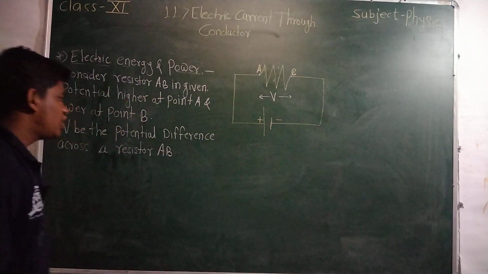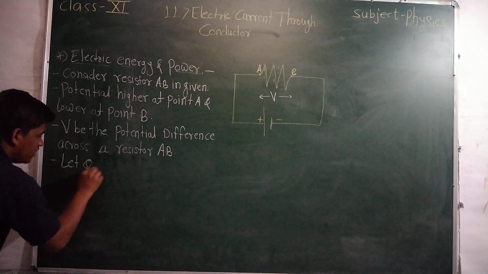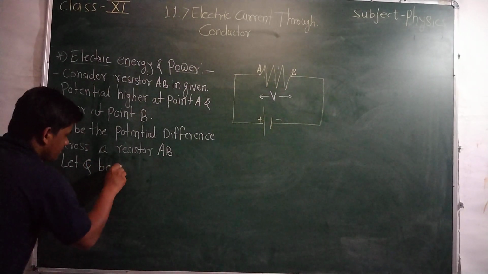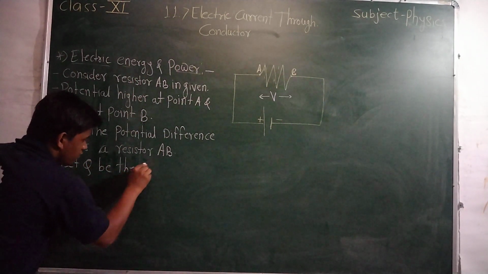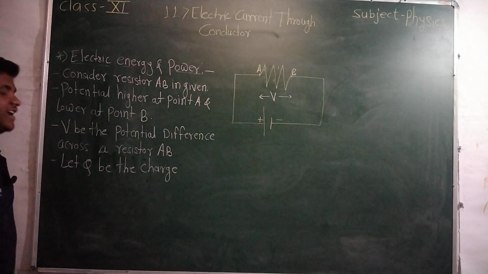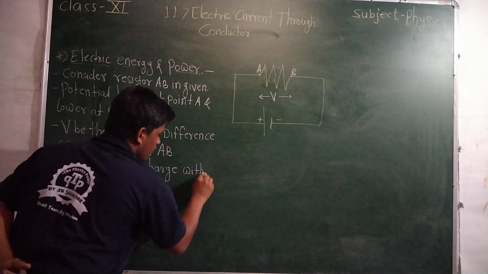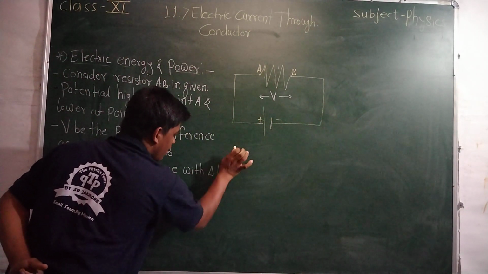Let capital Q be the charge flowing in the given circuit in some time, that is delta t.